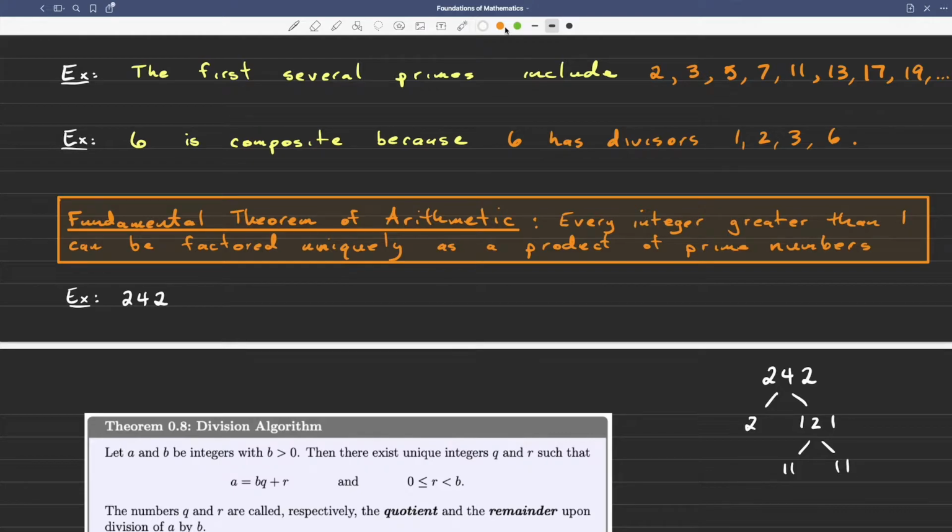And so I see that the prime factors of 242 are 2, 11, and 11. So 242 can be factored as 2 times 11 times 11, or if you want, 2 times 11 squared. The order in which you write the prime numbers doesn't matter. So the uniqueness is just the actual primes that are in the list of primes that divide the thing. And sometimes you get repeated primes like 11 squared here.